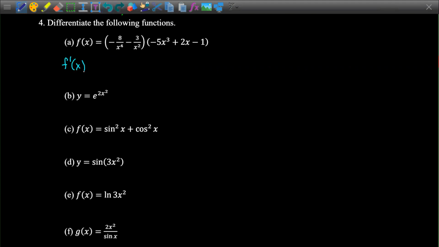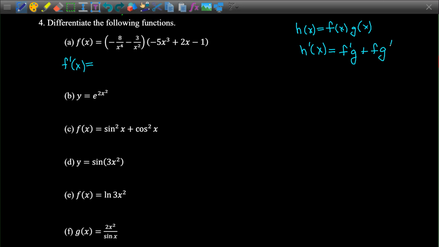So f prime. When you have a product of functions, let's suppose we have some function h, and if you can split it up as a product of f times g, then the product rule for h prime, the way that I usually like to do it, is f prime times g plus f times g prime.